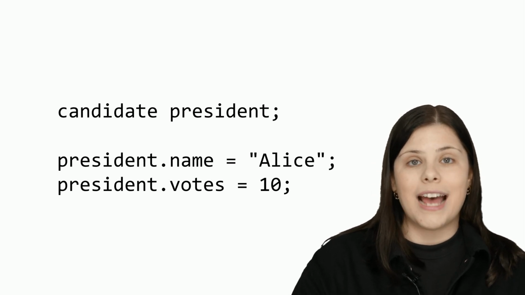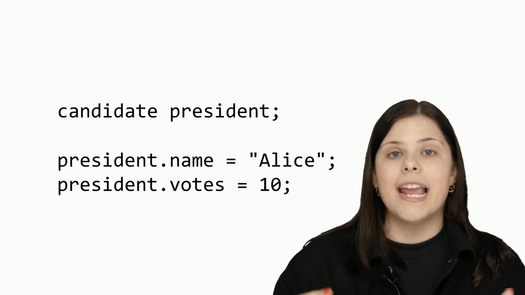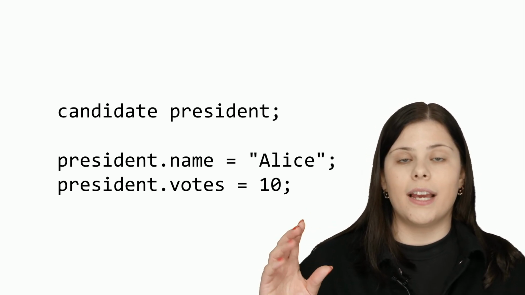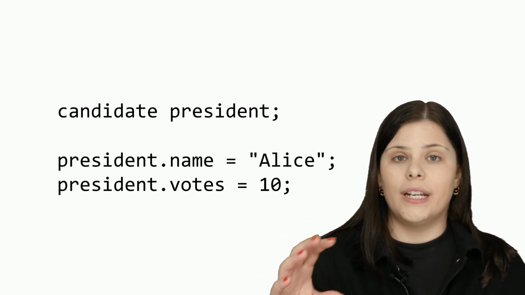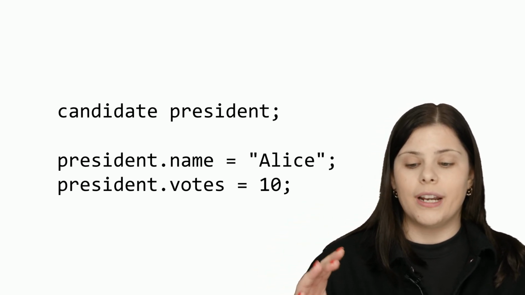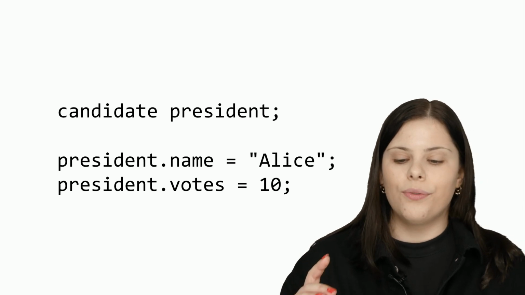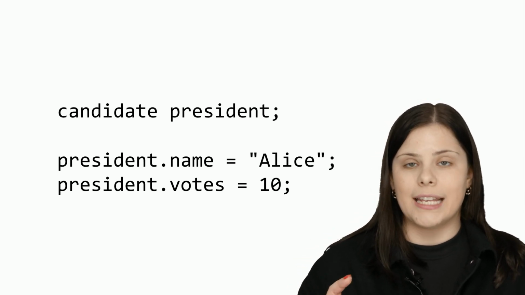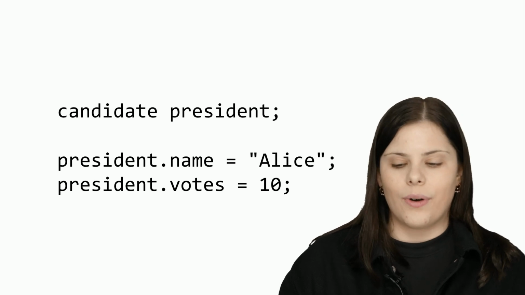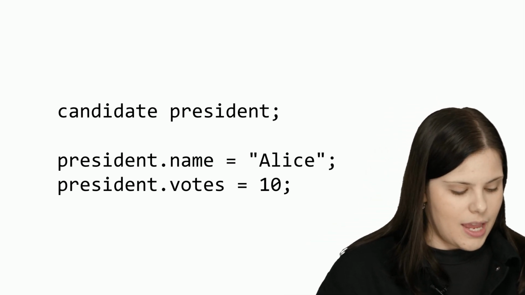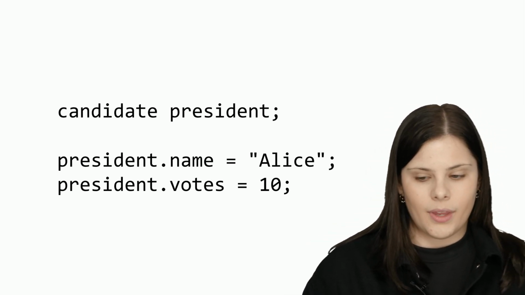So by saying president.name, I can access the specific cell corresponding to the name attribute where I'm going to store name Alice. And then similar for votes. I'm going to access it by saying president.votes and putting 10 or any other number in here.